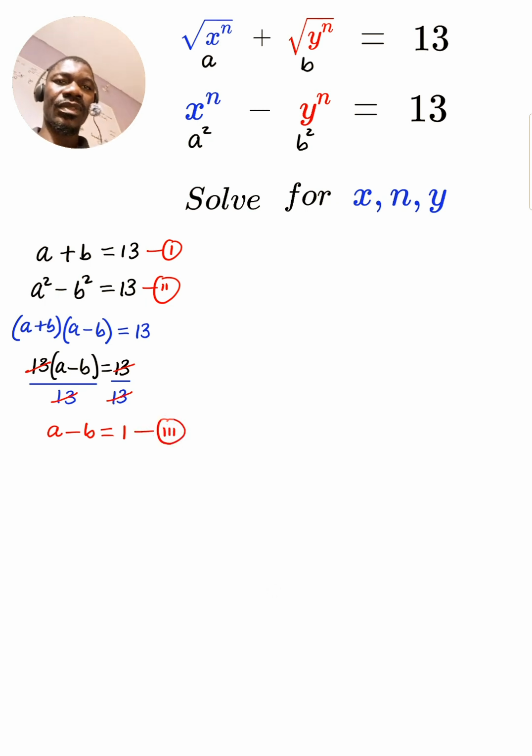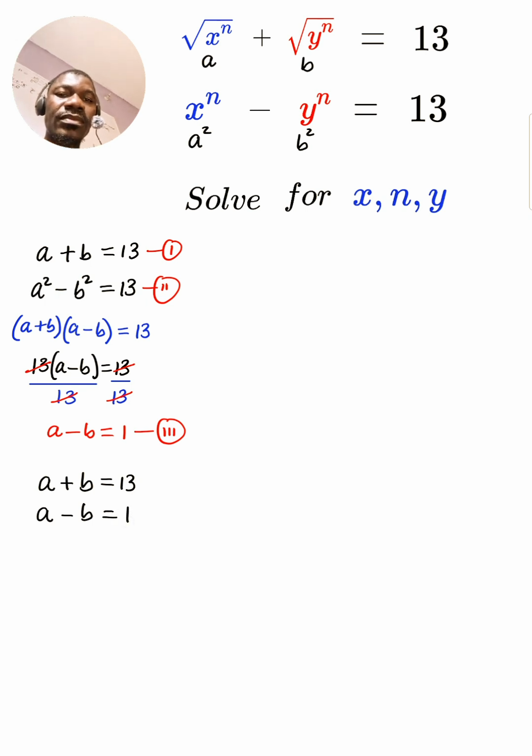Now if you take a look at equation 1 and equation 3, we can actually solve for a and b simultaneously, right? So a plus b equals 13, and a minus b equals 1. Let me solve for a, which means we just need to add the two equations.